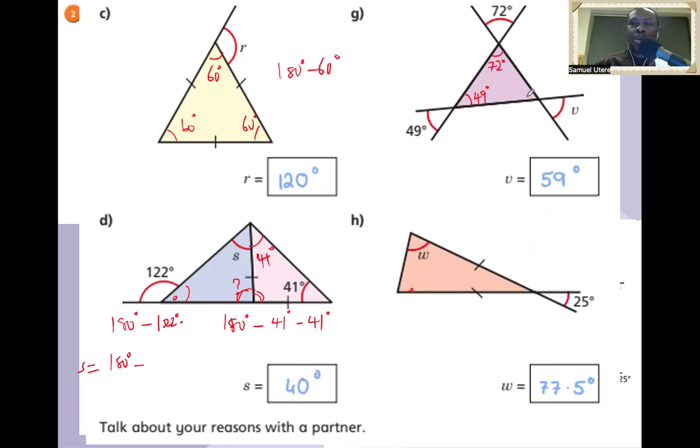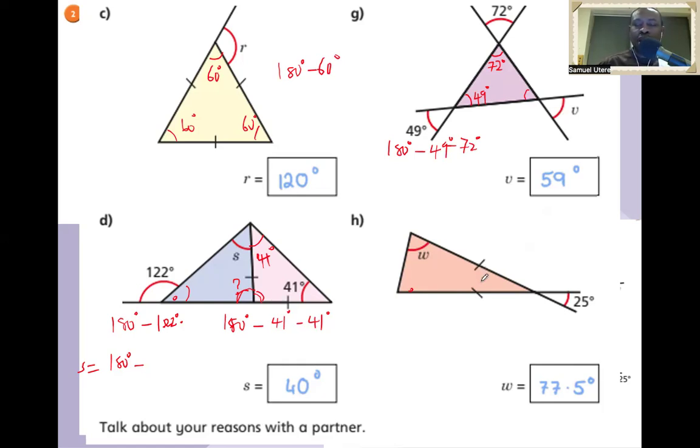Now we can use sum of angles in a triangle to get this angle. So we do 180 degrees minus 49 degrees minus 72 degrees to get this angle. And then we know these are vertically opposite angles, so whatever we get here will also be equal to V.